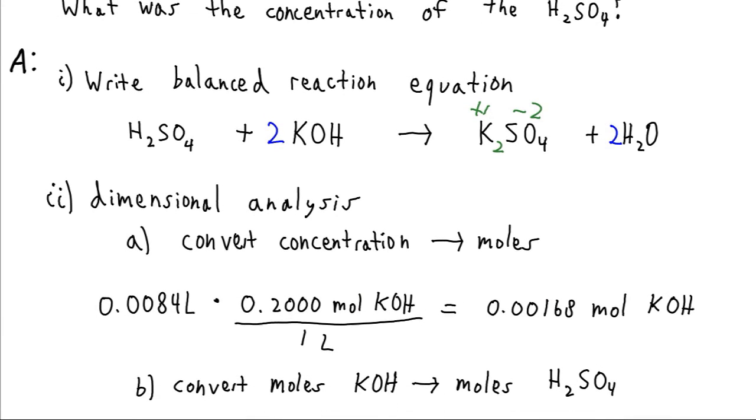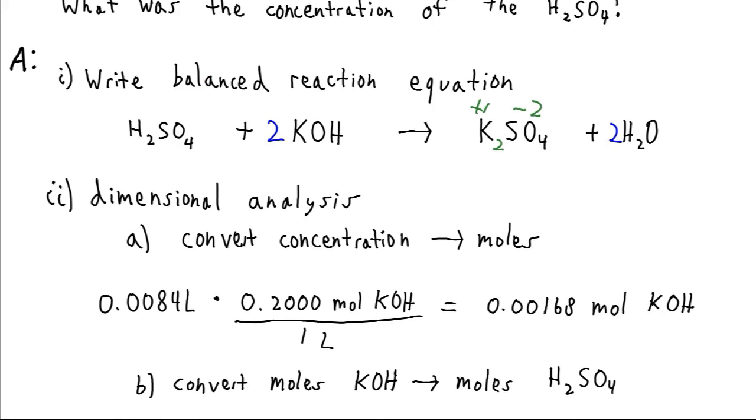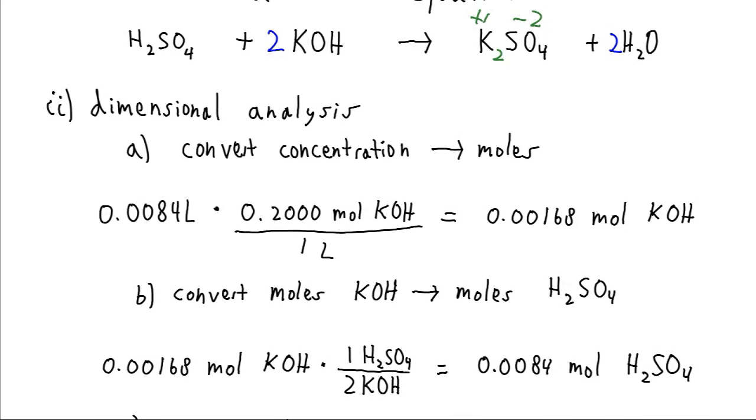All right, well, now we can use our balanced equation here to convert from moles of the hydroxide into moles of the sulfuric acid. So there is a 2-to-1 ratio here, 2 KOHs for each H2SO4. So our moles of KOH times our 2-to-1 ratio. KOH is on the bottom, so it cancels out. This gives us 0.0084 moles of H2SO4.